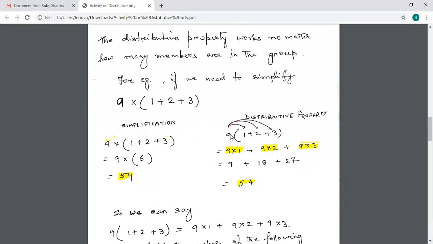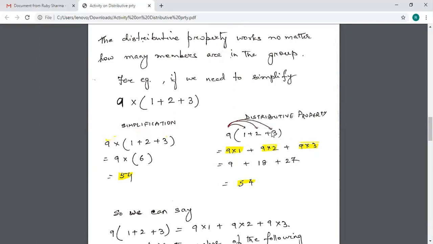The factor 9 is distributed to 1, to 2, and to 3. Can you see? So 9 into 1, then this is plus, so 9 into 2, plus 9 into 3. So what do you get here? 9 plus 18 plus 27, that's 54.